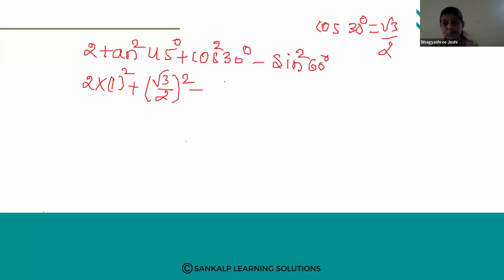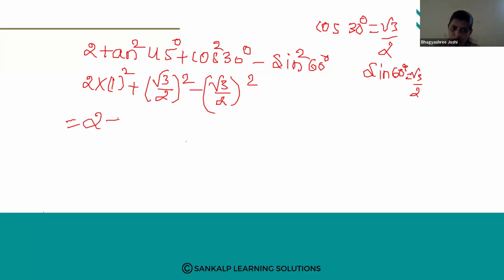Minus sin square 60 degree. Sin 60 degree is root 3 divided by 2, so sin square 60 degree is root 3 divided by 2 whole square. 2 into 1 is 2, plus root 3 divided by 2 whole square.